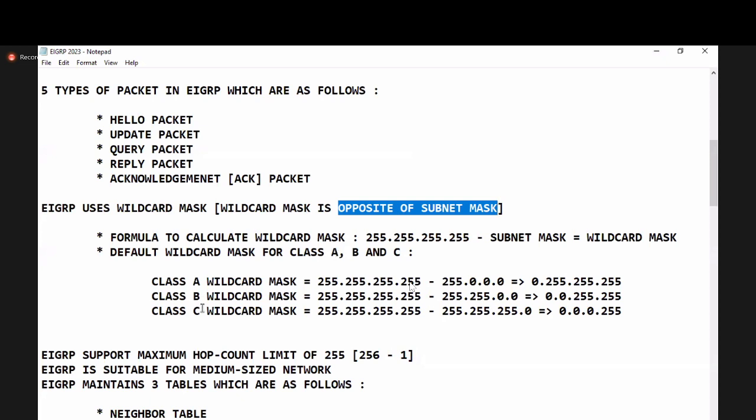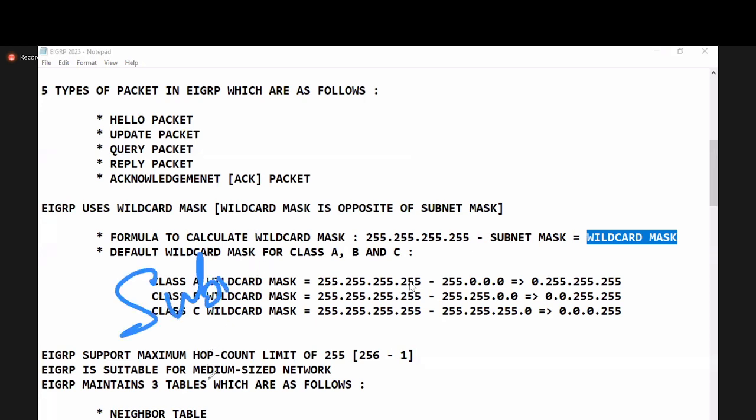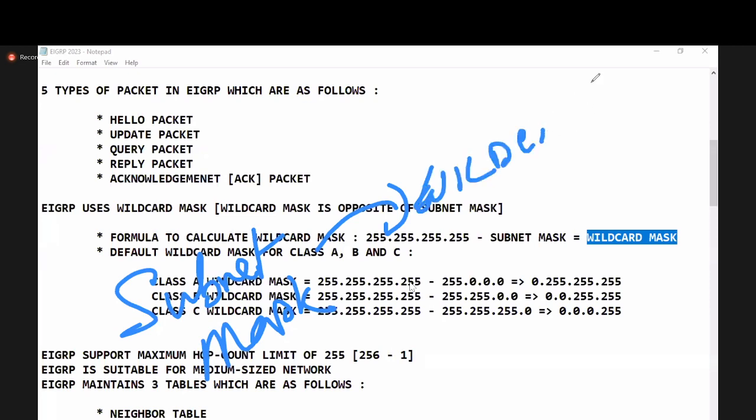When you do EIGRP configuration, you can either use the subnet mask to configure the network addresses, or you can use the wildcard mask. If you are using the subnet mask, then automatically it will be converted to wildcard using this formula.